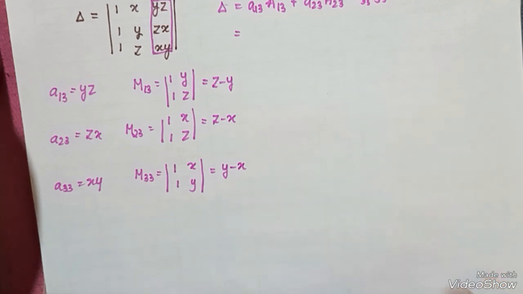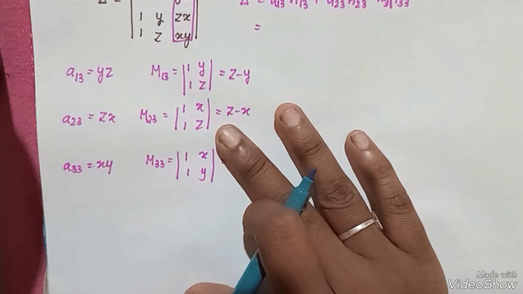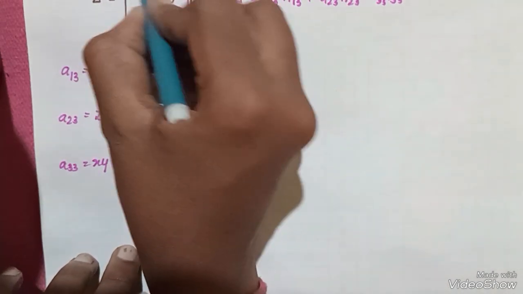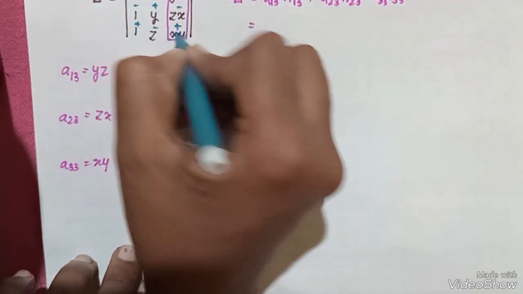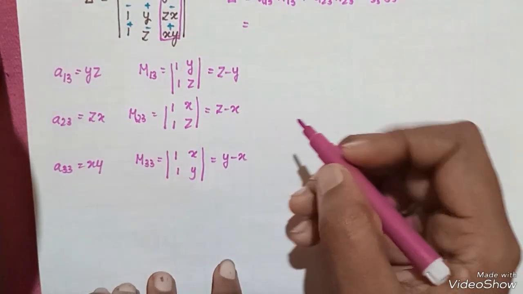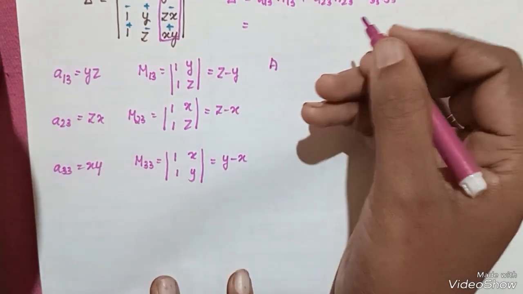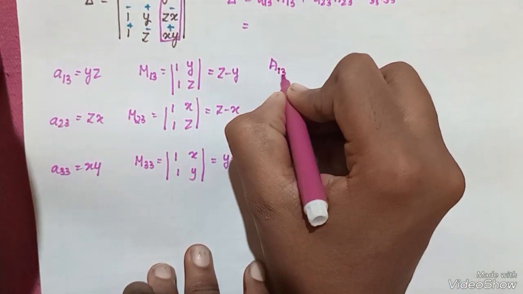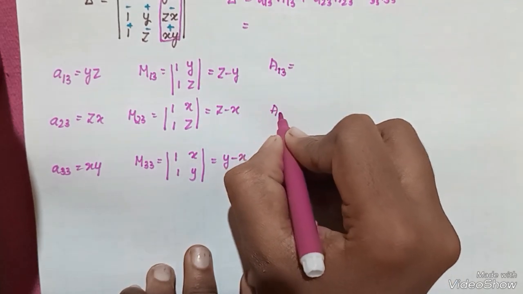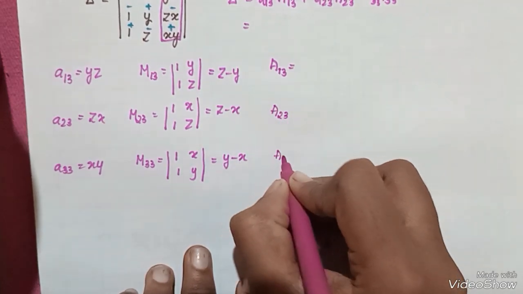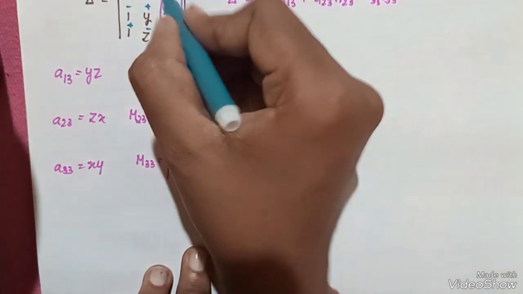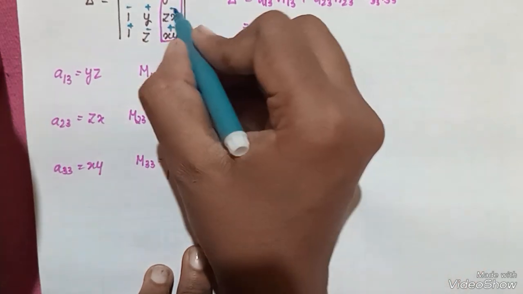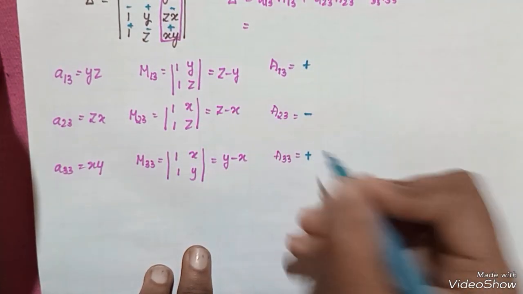This is the minor. Now we have to multiply by the sign for the cofactor. Here the signs are plus, minus, plus, minus, plus, minus, plus, minus, plus. For the first element A13, the cofactors of A13, A23 and A33: the element carries a positive sign, and here there is a negative and a positive.